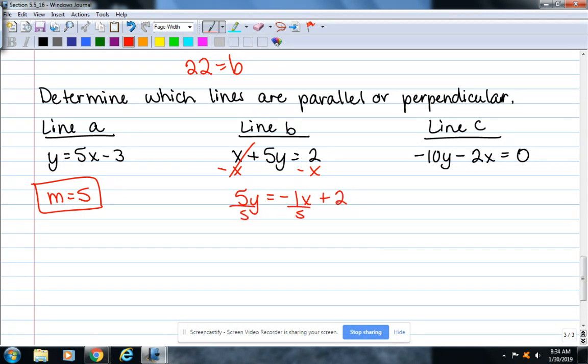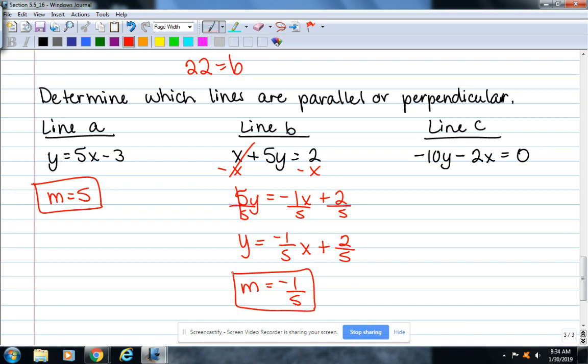Divide everything by 5. y equals negative 1/5 x plus 2/5. And the slope is what? Negative 1/5. Now I can already compare those two, but I'm going to wait till I do all 3 of them, okay? Because there might be something extra that happens. So any question on getting line B in slope-intercept form?